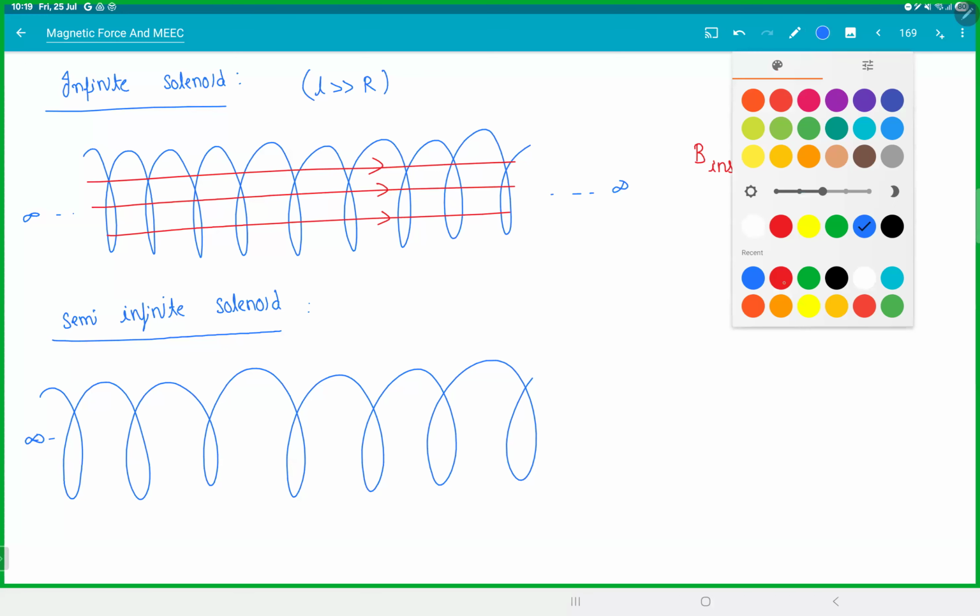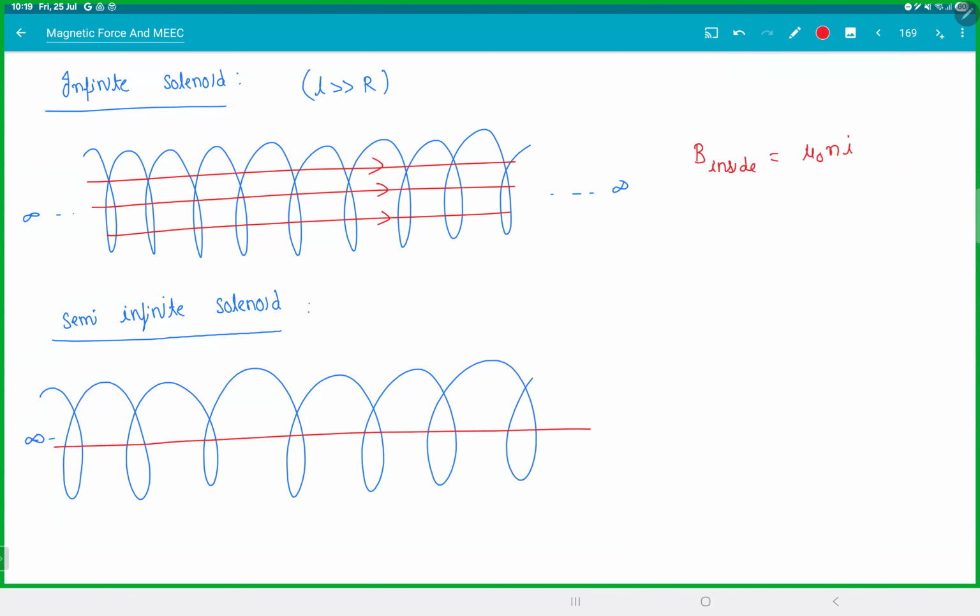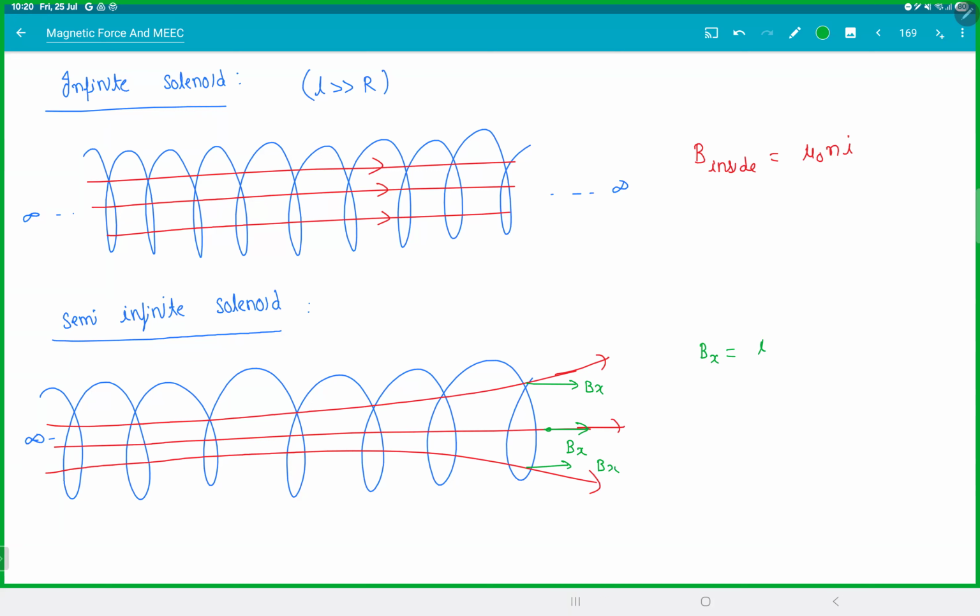That means at this open end, the field lines will not be parallel. They will be going off like this. But if I join two semi-infinite solenoids, I should get back mu naught n I. That means each one is providing a component Bx. So the fields are not equal, but the horizontal components will be equal. Bx will be mu naught n I by 2.